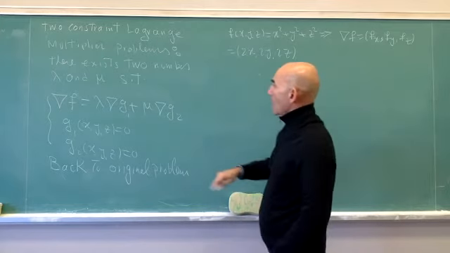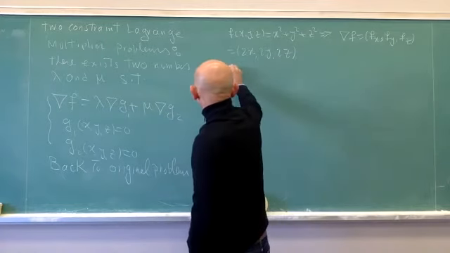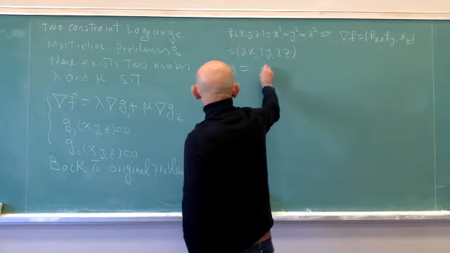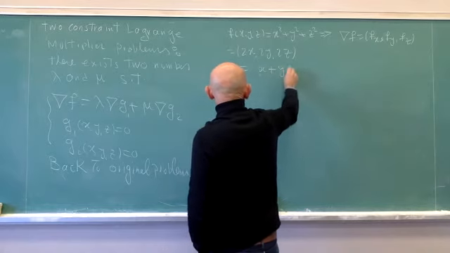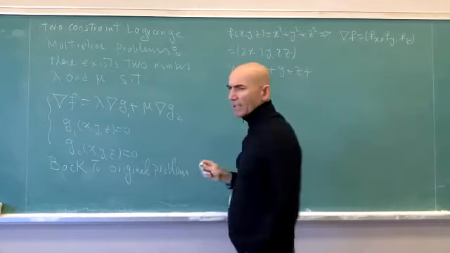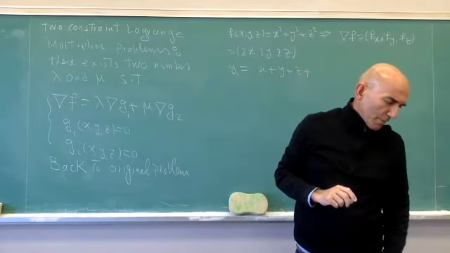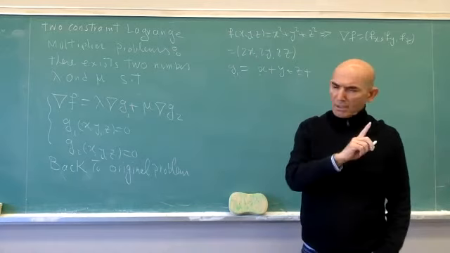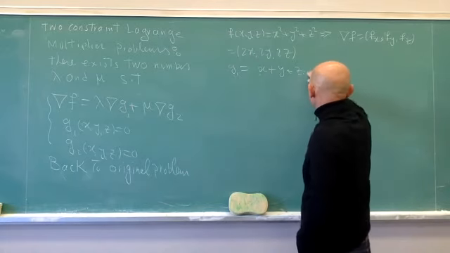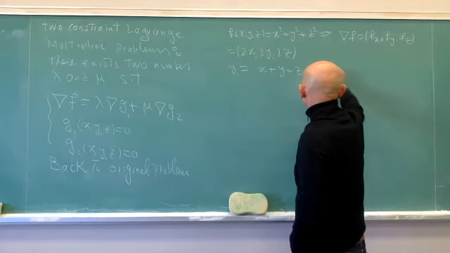Now, g1 was x plus y plus z minus 9 equal to 0. Thank you for the correction: minus 9, not 9. The picture I drew was not correct, but that's okay.